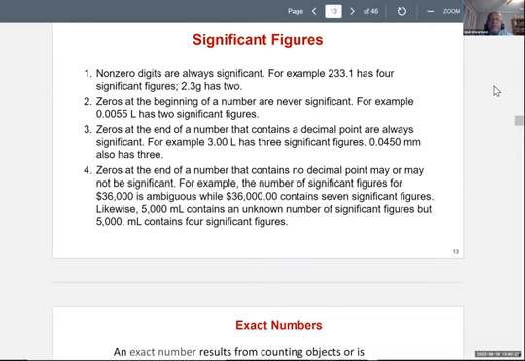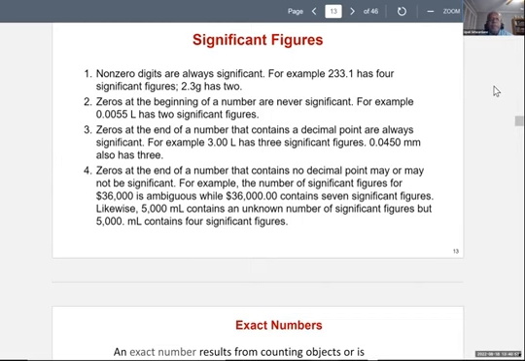Any leading zeros in a number are not significant. Do you understand? In a whole number, we don't write zeros. In decimal numbers, we use zeros to show the placement of the decimal point. Okay, leading zeros are not significant. You understand that?